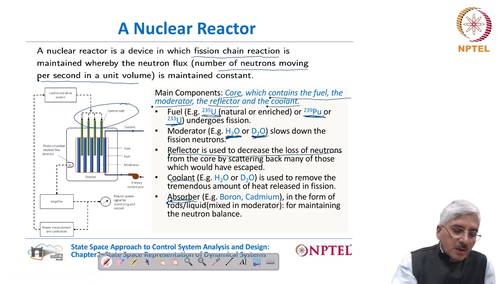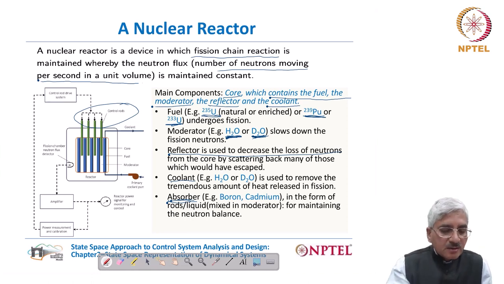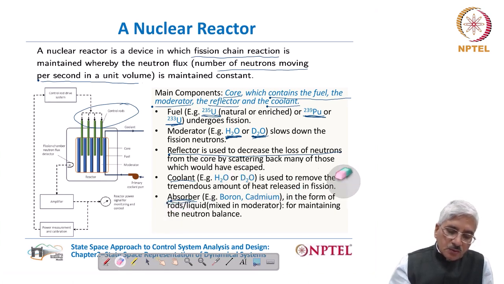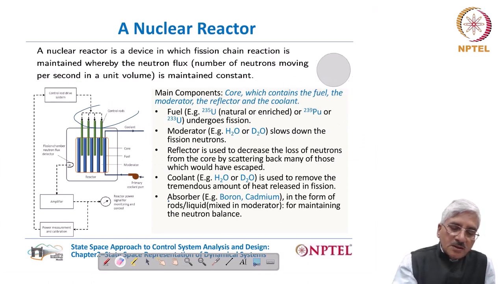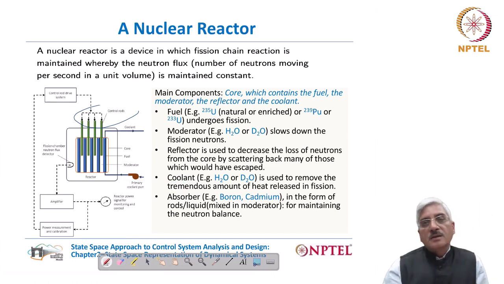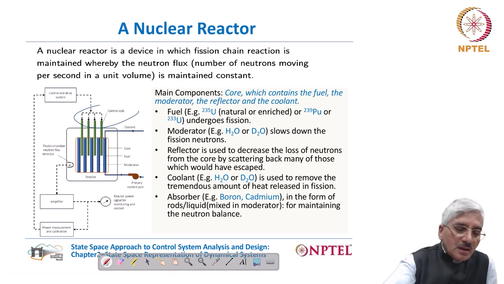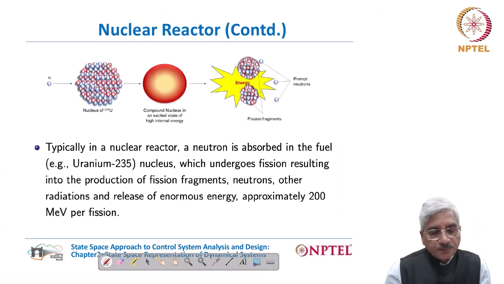They may be in the form of control rods which manipulate the operating power of the reactor, or sometimes a different system of rods is used to shut down the nuclear reactor. So essentially, the key to reactor operation is to be able to operate it at a constant neutron flux or to change the neutron flux in the desired manner, and it boils down to controlling the rate of fission reaction.